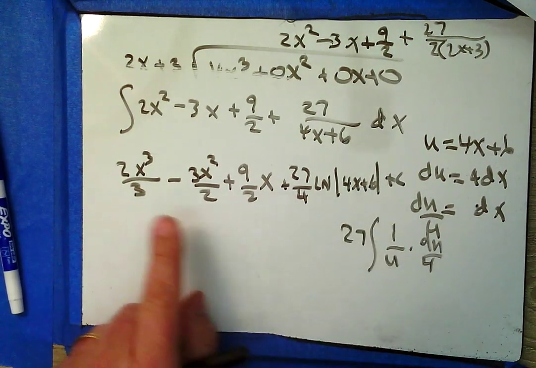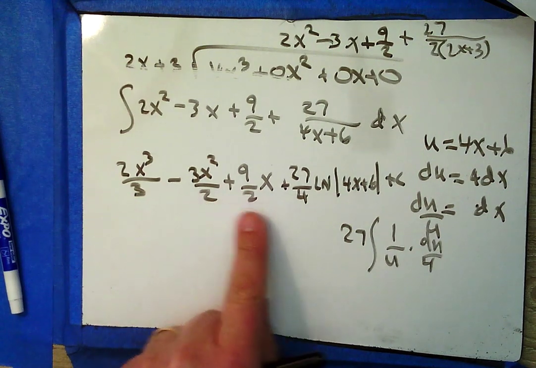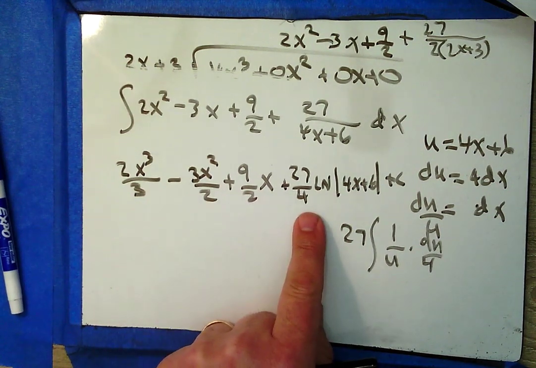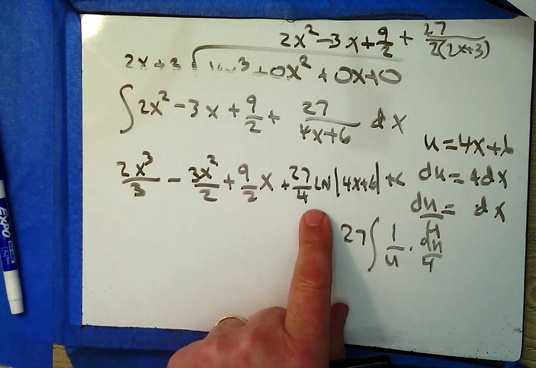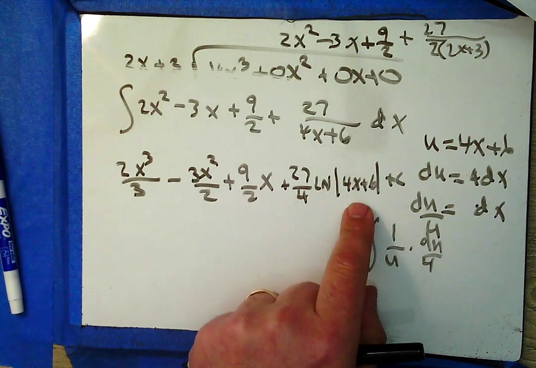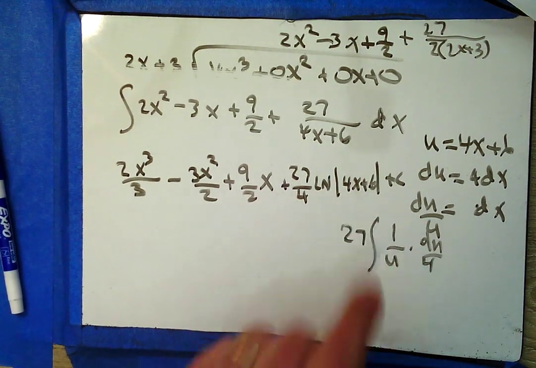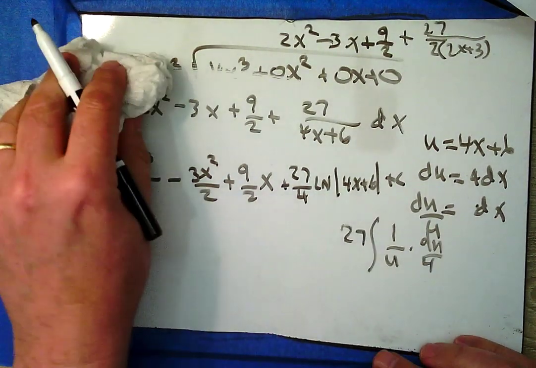All right, so yes, yes, yes, wah, wah. There's my 27/4, but with the 2. I've got to go back and look at that long division again. Yeah, sorry. It's worth it.